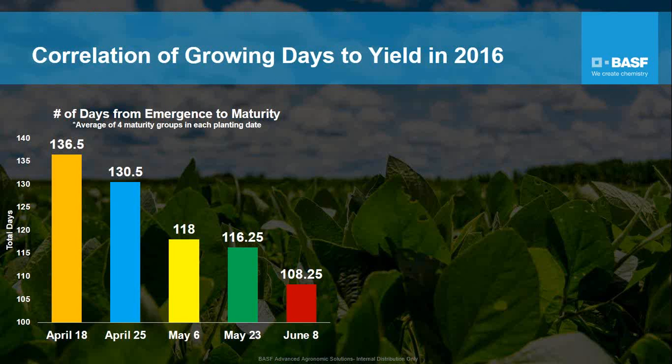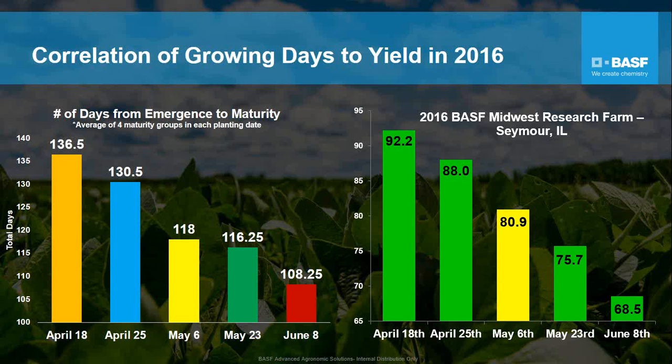They just took longer to emerge, and it almost pushed those out into what would be like a mid to late May planting date. And then you see at June 8th, again, the drop off. That's an average of 4 maturity groups at each of those planting dates, from a 2.9 to a 4.0. And you see the correlating yield data that comes with that.